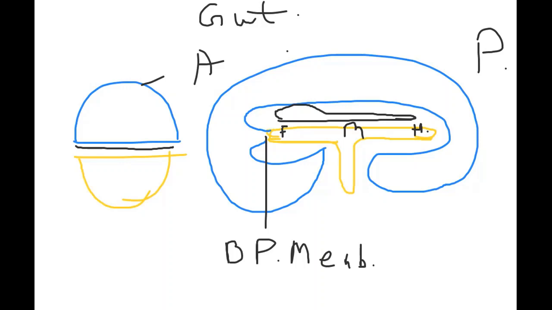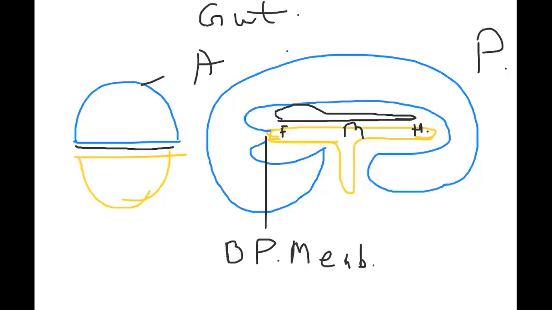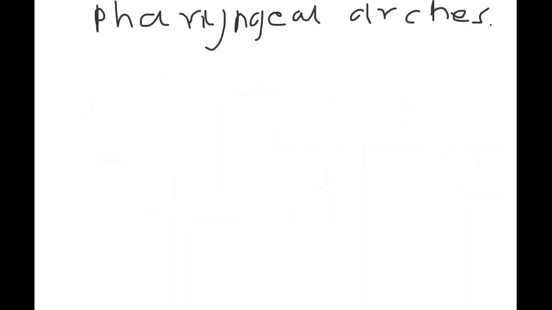With this knowledge, we move on to the development of pharyngeal arches. What foregut we have seen here, you imagine it as one long tubular structure, with an outer ectodermal and an inner endodermal layer.